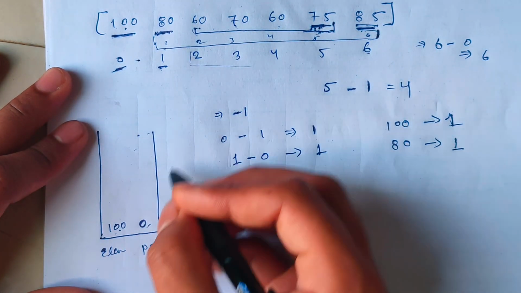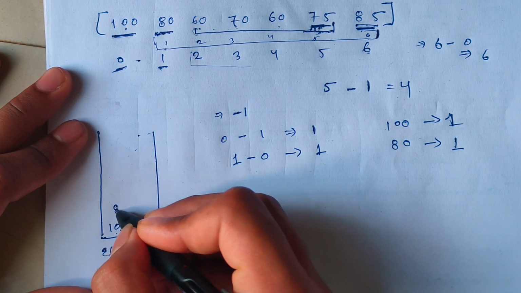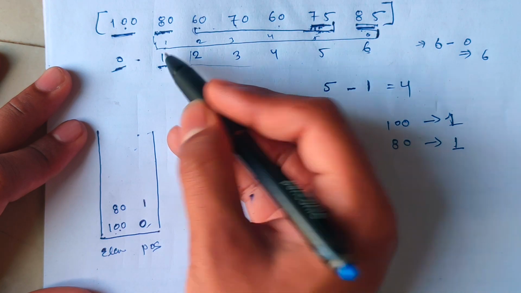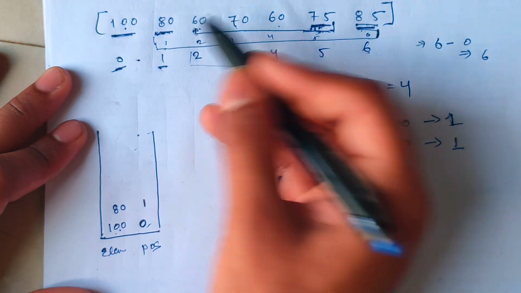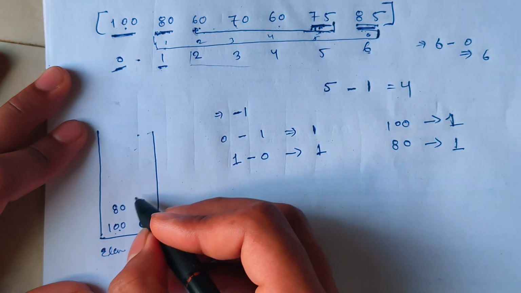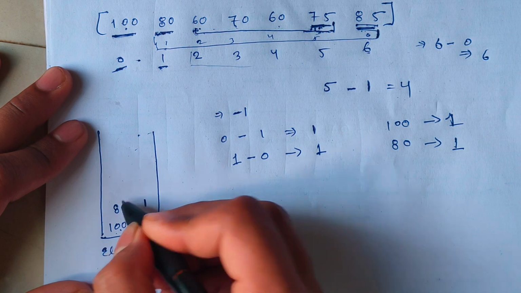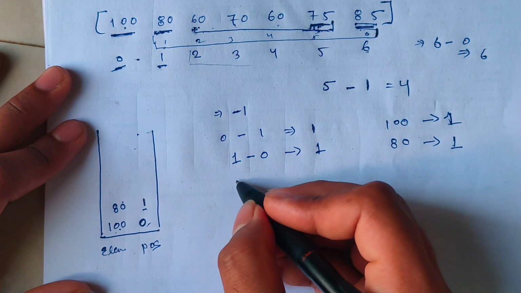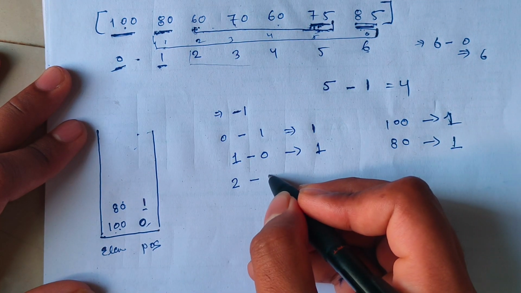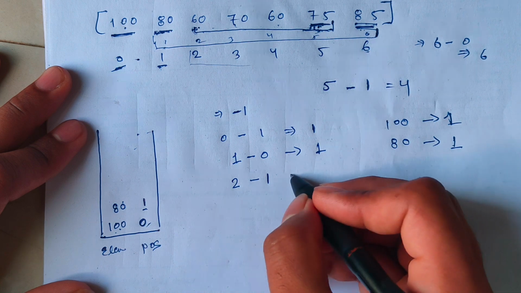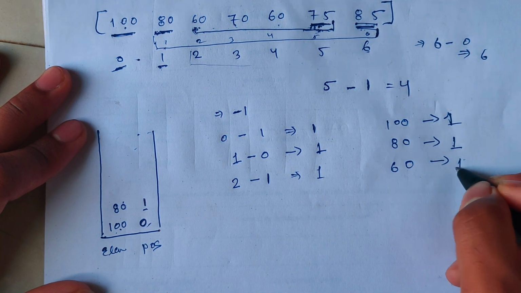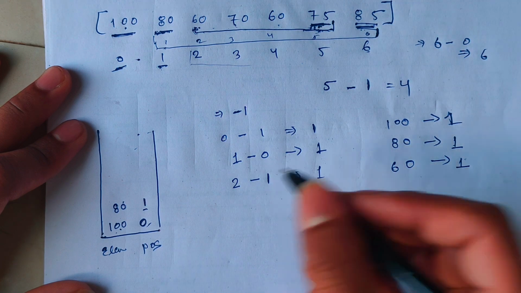Now we need to push 80 and 1 into the stack. 1 is its position, and now we see 60. For 60, the greater element is 80. So its position is 1 and 60's position is 2. 2 minus 1, that is 1. So for 60, there is only one element which is less than or equal to 60.